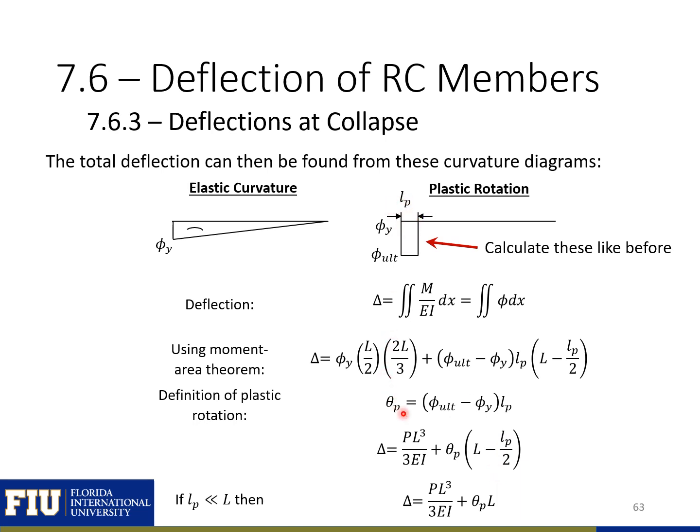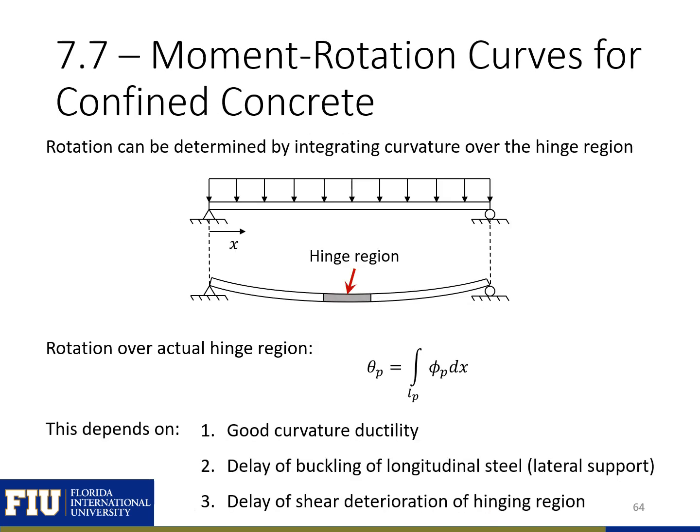If we assume that L is much greater than our hinge, then we can just have our deflection equal to our elastic deflection plus our plastic rotation theta p times L, the length of our cantilever beam. Our rotation can be determined by integrating our curvature over the hinge region, shown here. So we can find our plastic rotation.